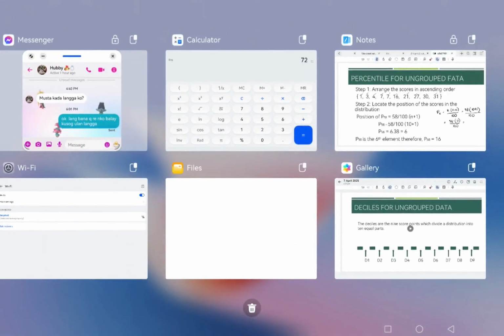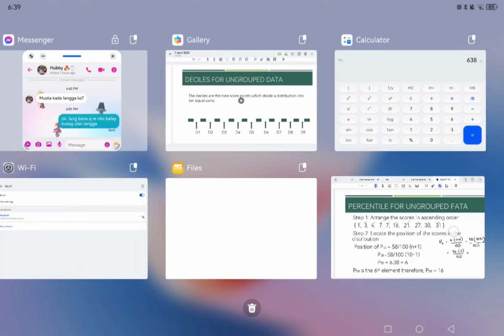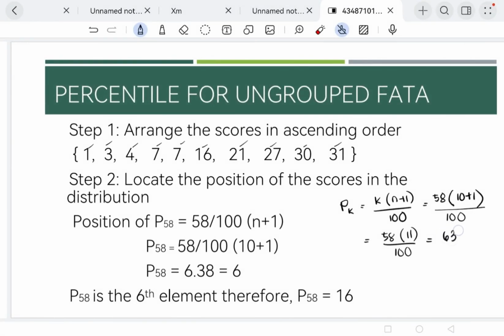So we have 58 times 11. So that is 638 divided by 100. So that is 6.38. Since the whole number is followed by 3, we cannot round up. So that is the 6th score.